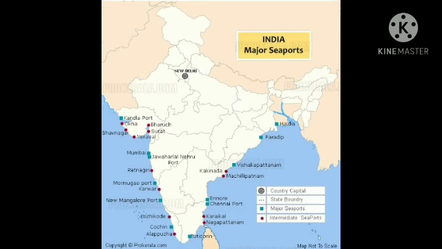Then the next important riverine port is Kolkata port, which is located on the banks of the Hooghly river, and here we have to do dredging. You know what dredging is? Removing the sediments from the bottom of the river so that the ships can come closer towards the port.